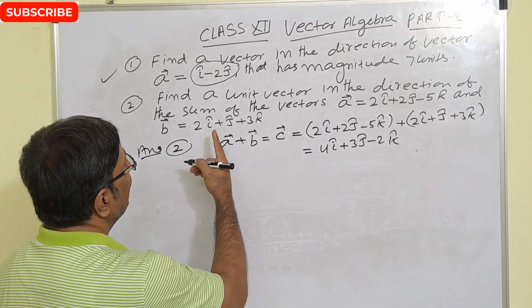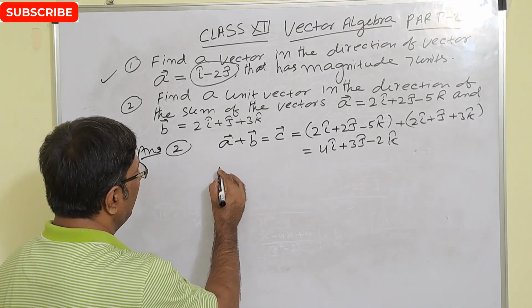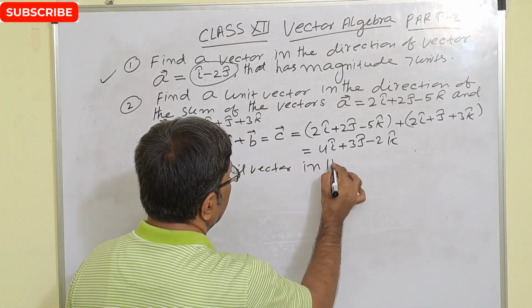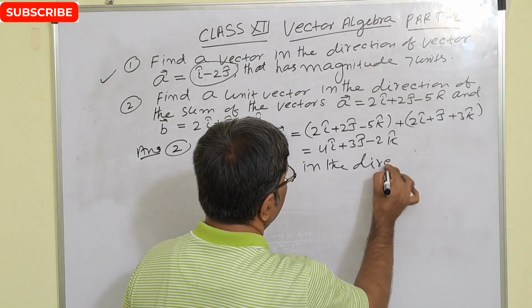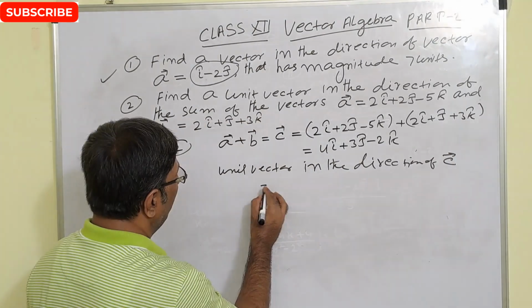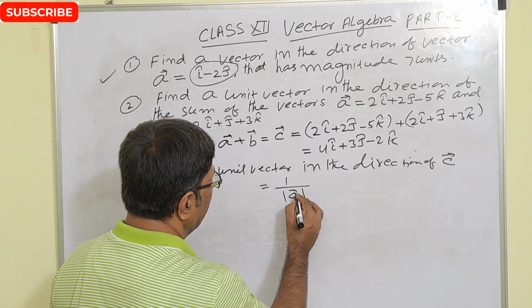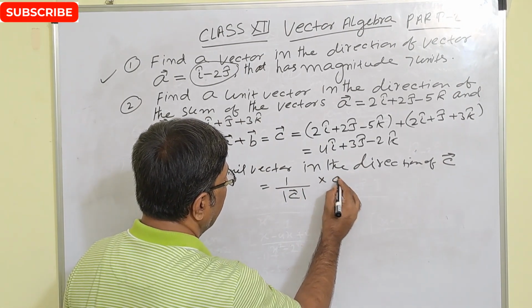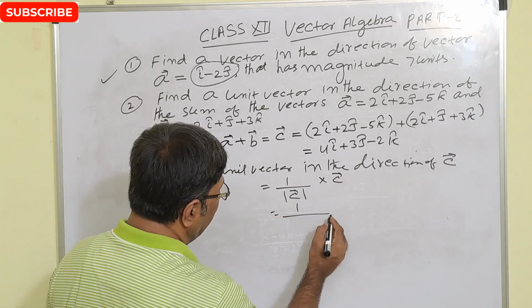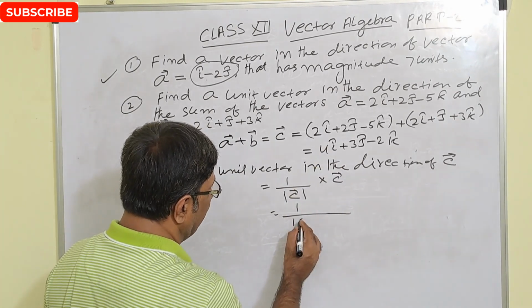Now we have to find the unit vector in the direction of the sum, so the unit vector in the direction of C vector. The unit vector in the direction of vector C equals 1 upon the magnitude of C vector into vector C. The magnitude of vector C: the coefficient of unit vector i is 4, that is 4 square, 16.